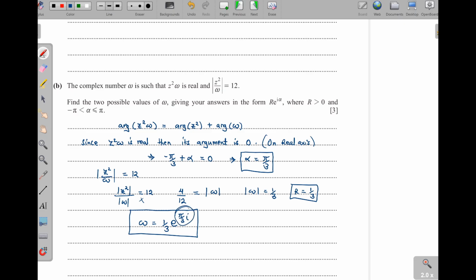Now, first of all, this one lies in the 60 degrees. 60 degrees is in the first quadrant, not so? But remember when we are getting the argument of omega, we say that the argument is going to be equal to the arctan of the imaginary over the real part. You see that?